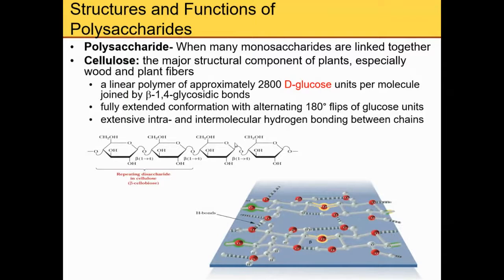And then the polysaccharide. When many monosaccharides are linked together, one example is cellulose. That's the major structural component of plants, especially wood and plant fiber. So it has up to 2,800 D-glucose units per molecule, joined by the beta-1,4 glycosidic bond.